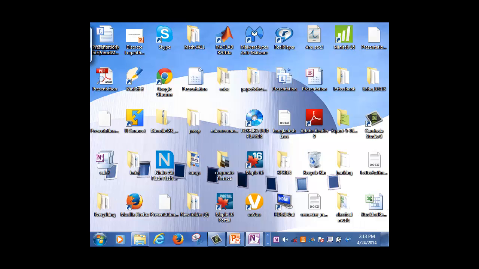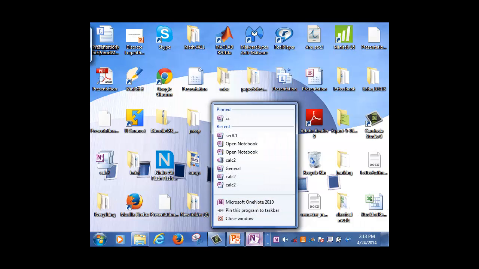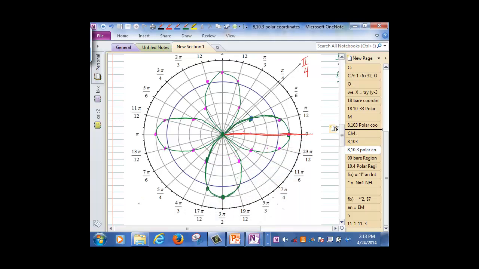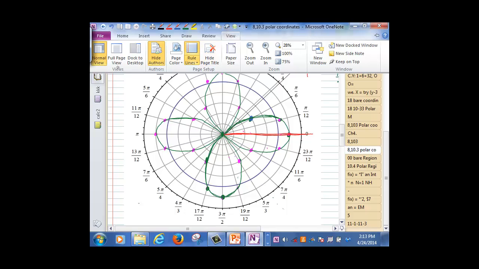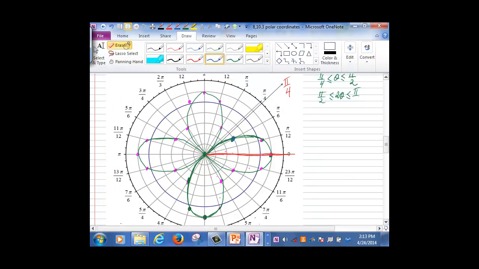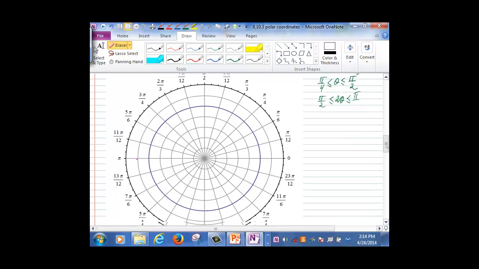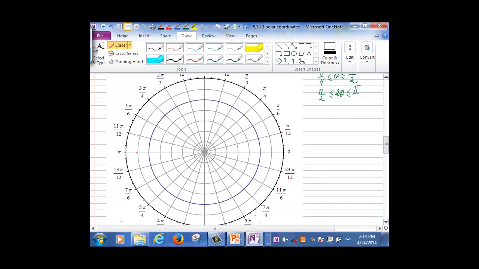Do I have that somewhere on my desktop? Hold on. Okay, I'll just erase what I have here. View, full page, erase. I feel bad to erase my art here. What, you guys are laughing? It's not nice enough? Alright.